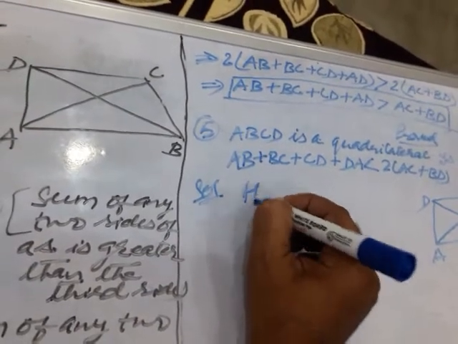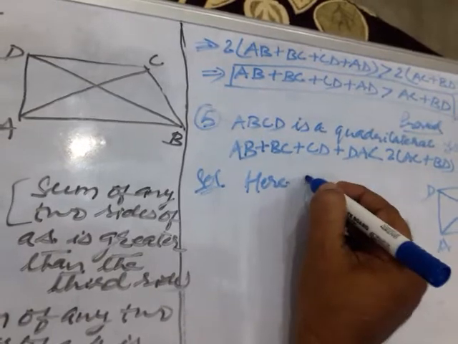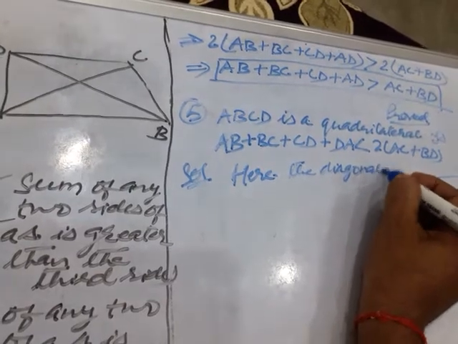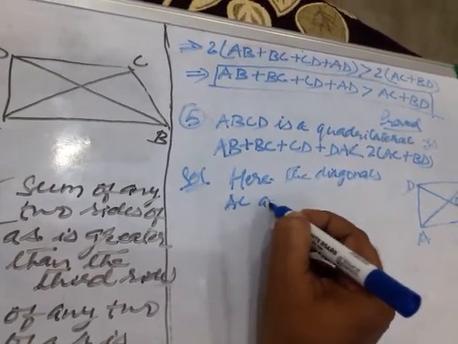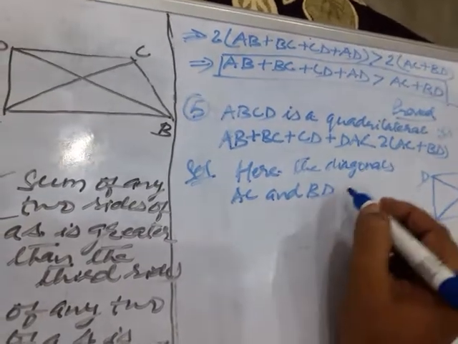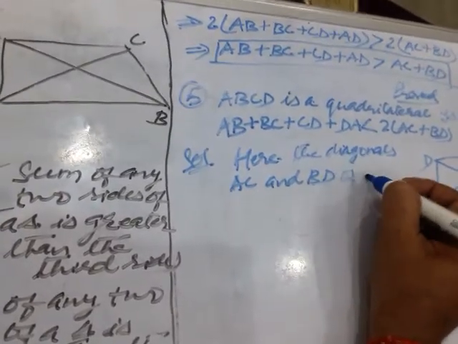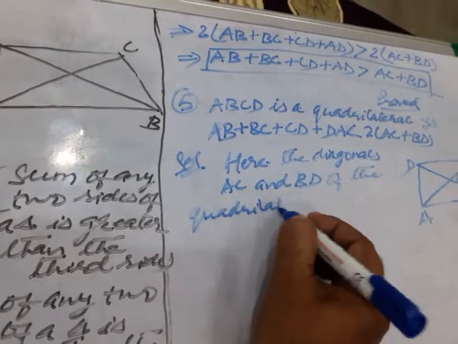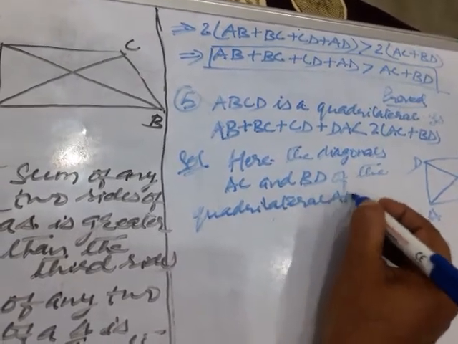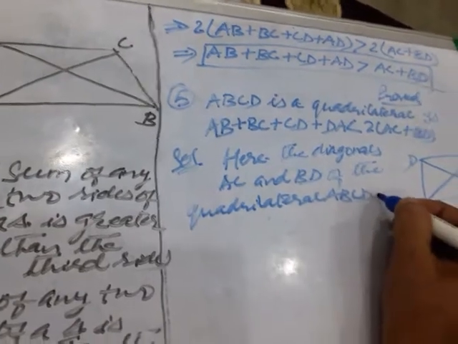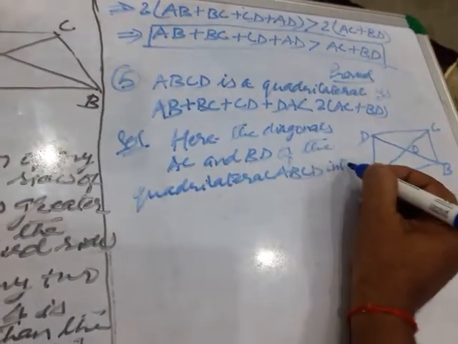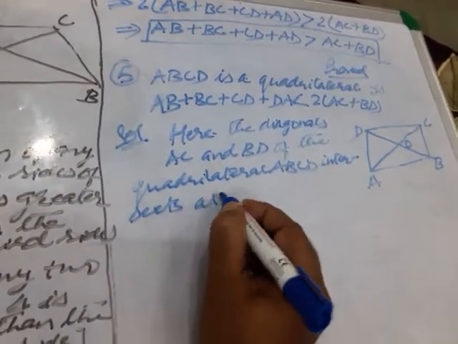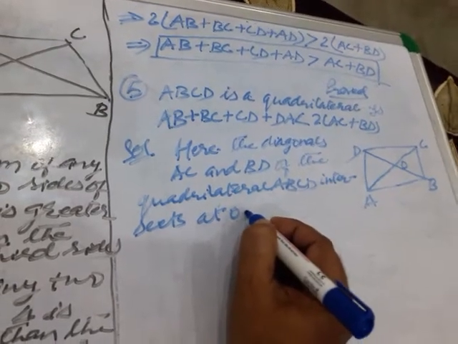Write down here: the diagonals AC and BD of the quadrilateral ABCD intersect, meaning cut, intersect at O.